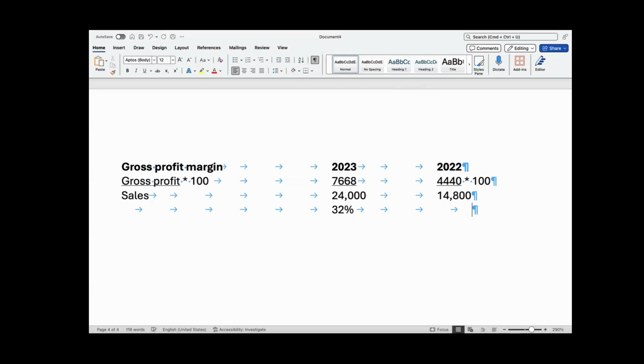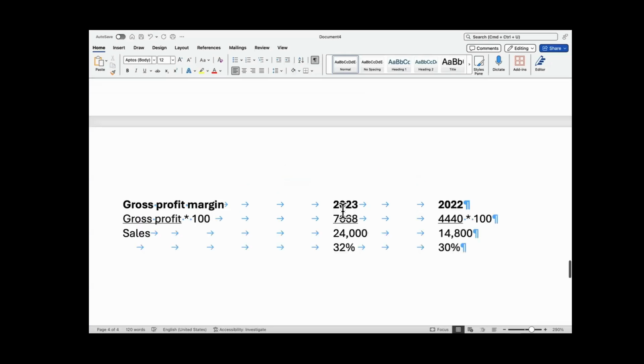About 2022? 30%. Okay. So that's all my ratio for the four, okay.